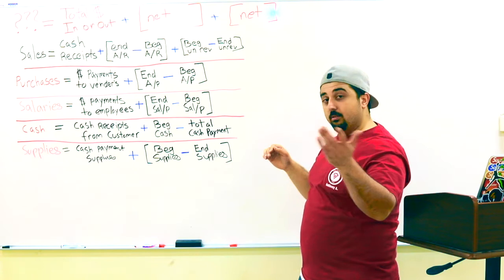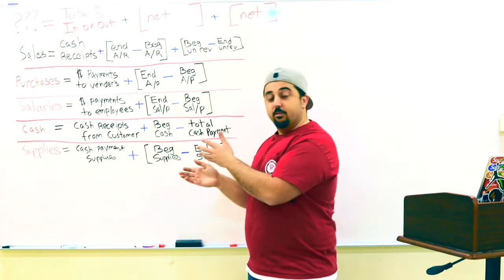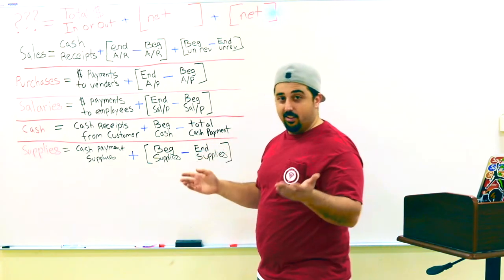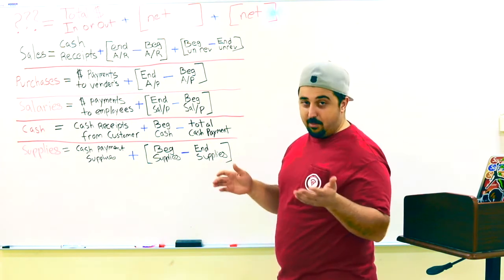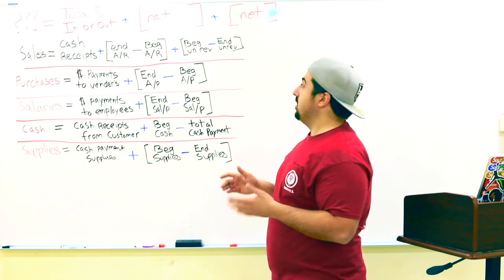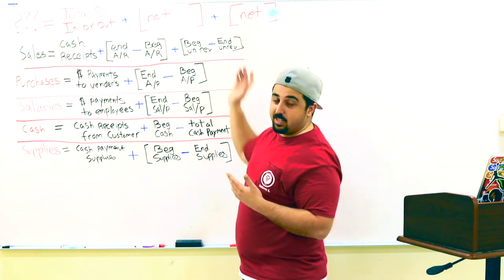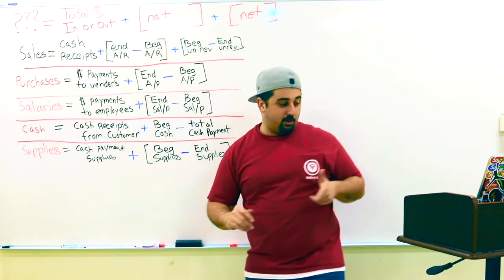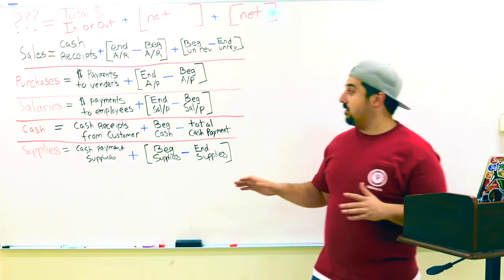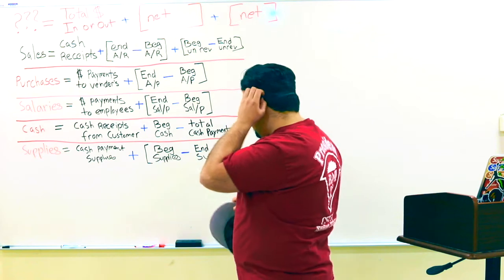Because you all know unearned revenue is unearned, but only earned when the liability is fulfilled. So, beginning minus ending. Alright, next part.